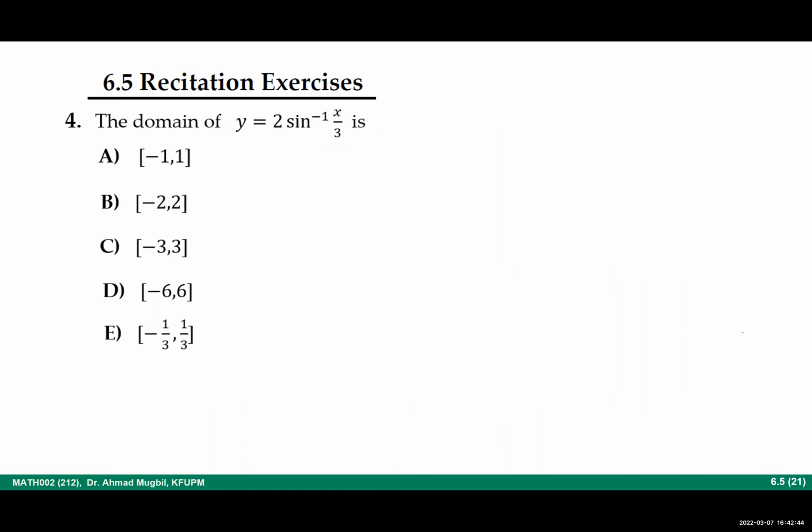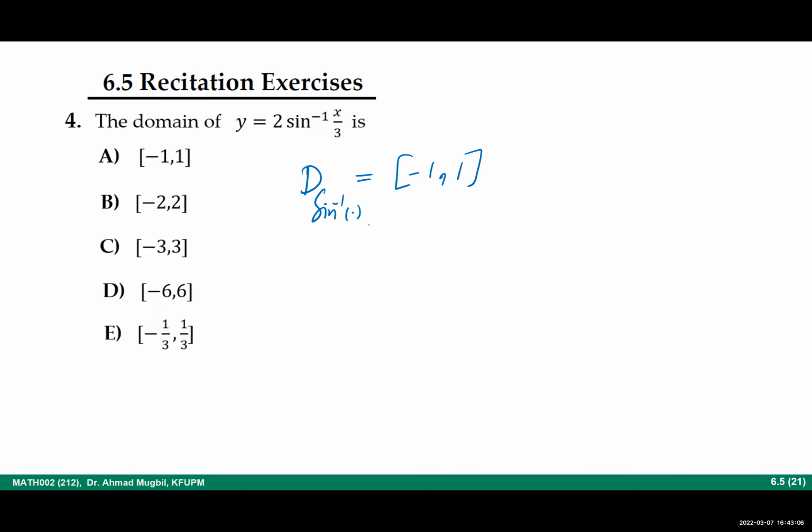The last question in the recitation is about the domain of sine inverse. You should remind yourself, what is the domain of sine inverse? It is the closed interval negative 1 and 1. You remember that?